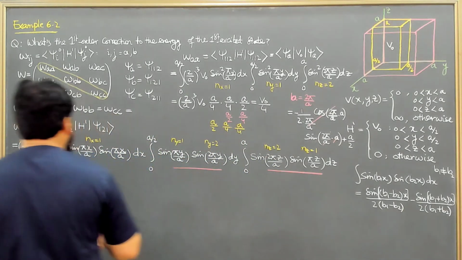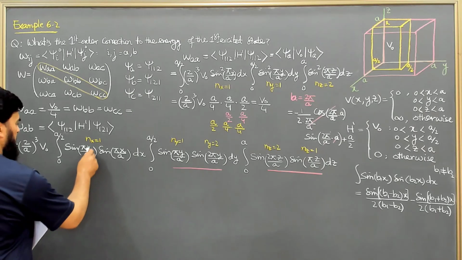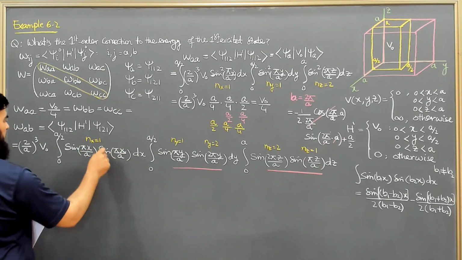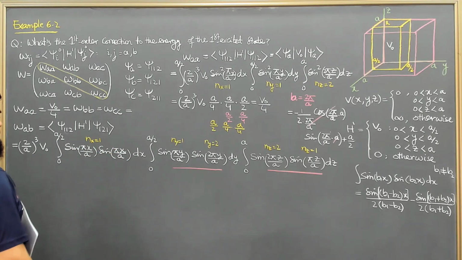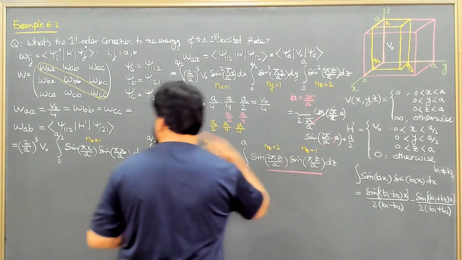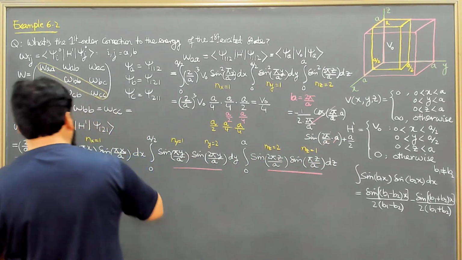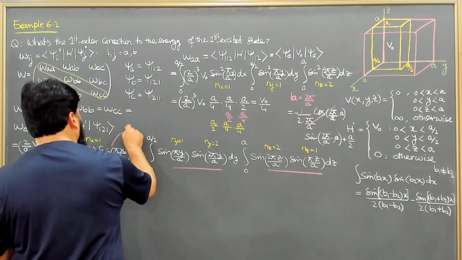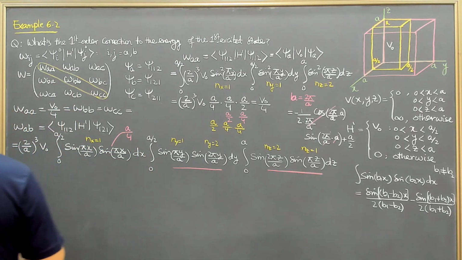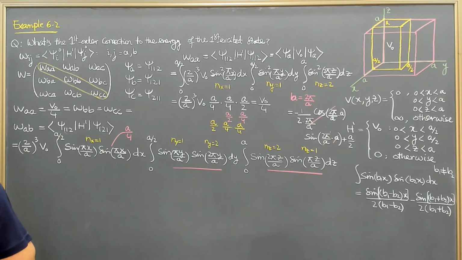While this one is a simple square, sin(pi x over a) times sin(pi x over a), squared, we will apply this formula, and the result will again come out to be a over 4. This will give us a over 4, as we have calculated before.